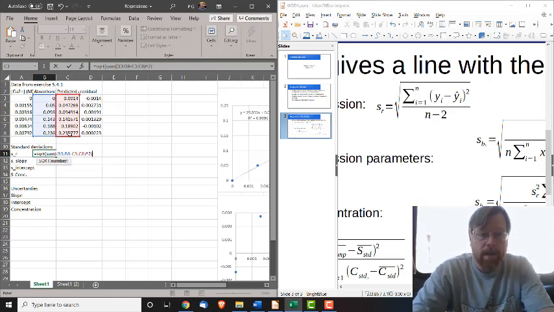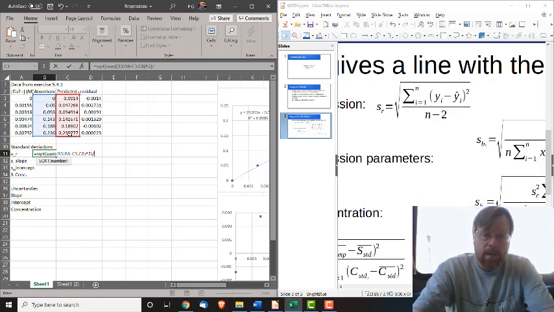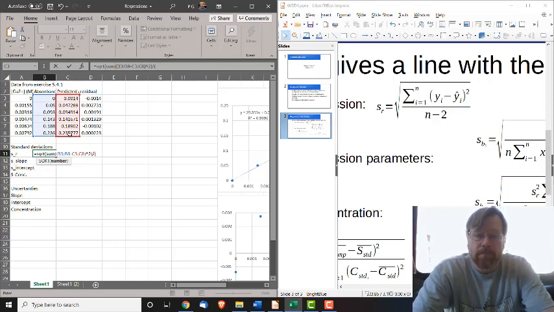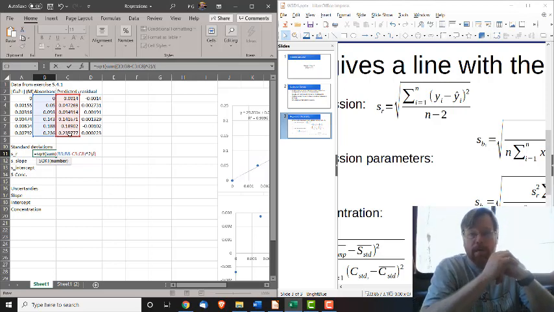I can put it in as a range like that, and Excel will nicely handle doing the individual values according to where they are in the range.